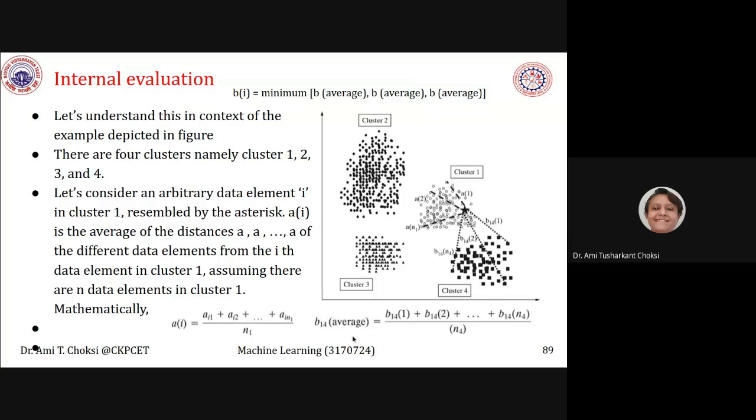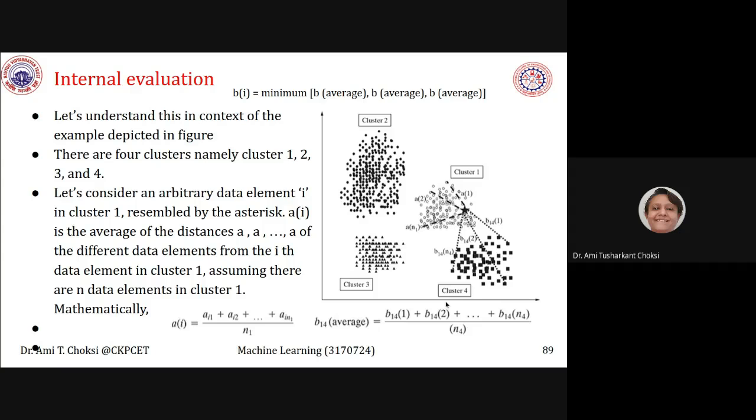So B14 average, why B14? It is because we are trying to have the relation between cluster 1 and cluster 4, right? That is why B14 average is equal to B141, B142, up to B14 n4, divided by n4.